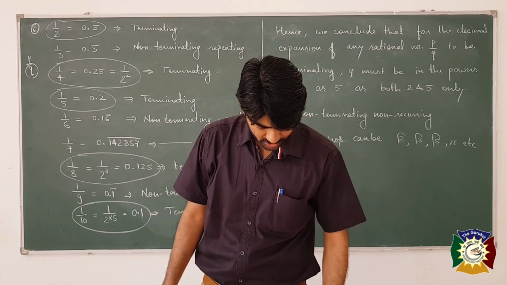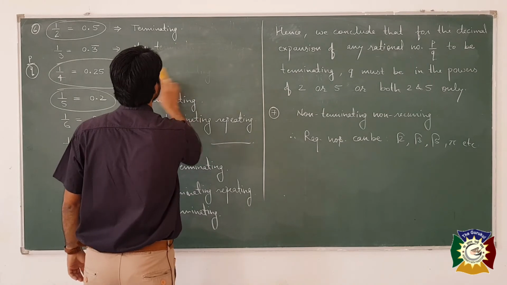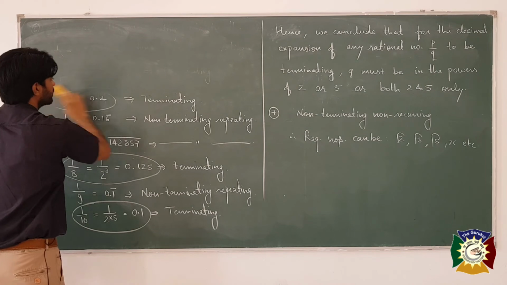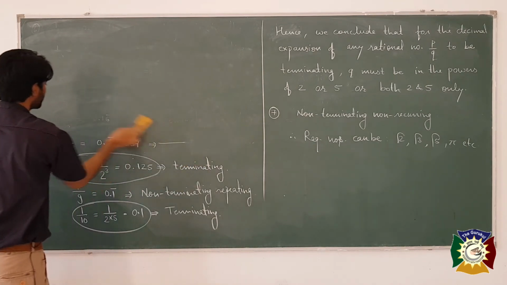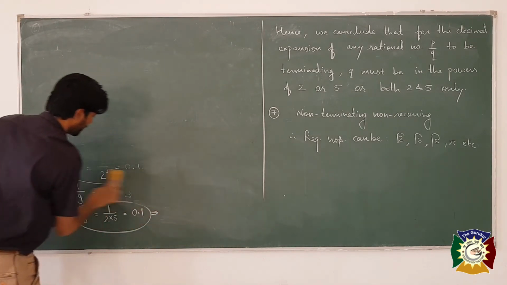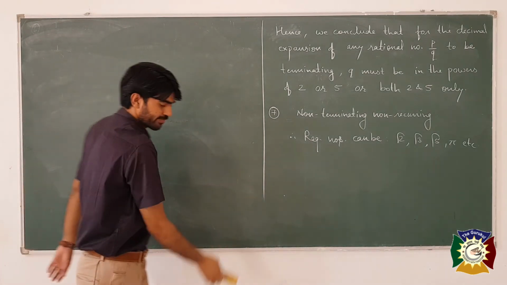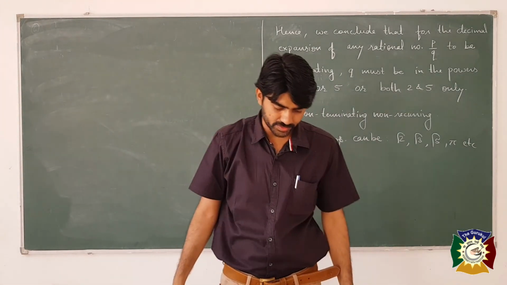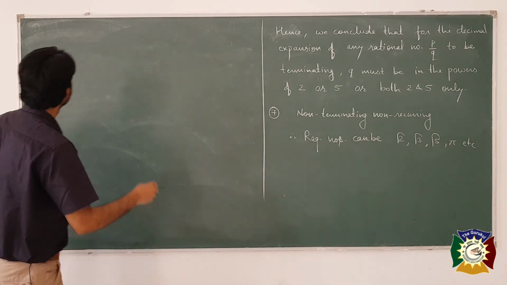Then we have question number 8. Let us see what question number 8 is. Find 3 different irrational numbers between the rational numbers 5 by 7 and 9 by 11.